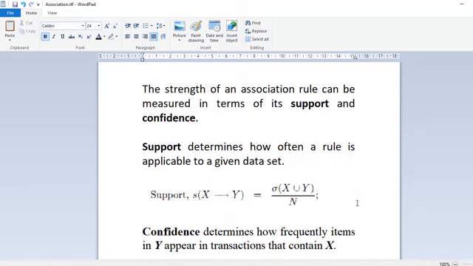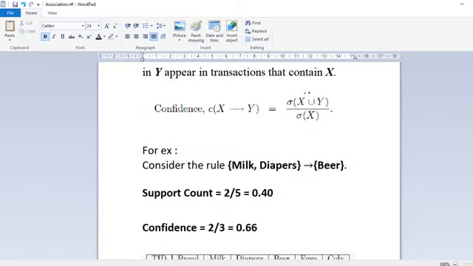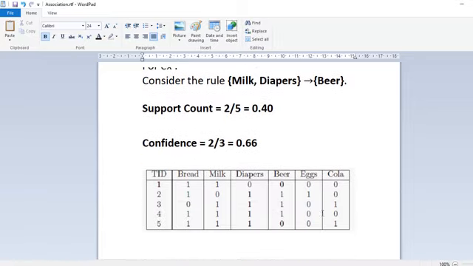Because the numerator is X union Y, meaning it should contain milk, diapers, beer. How many records contain milk, diapers, beer? It is contained in only 2 transactions, so the numerator will be 2. The total number of transactions is 5. So 2 by 5 will be 0.40.